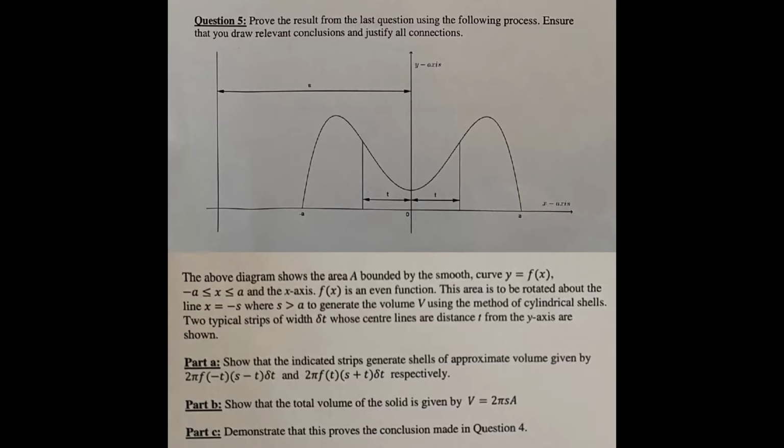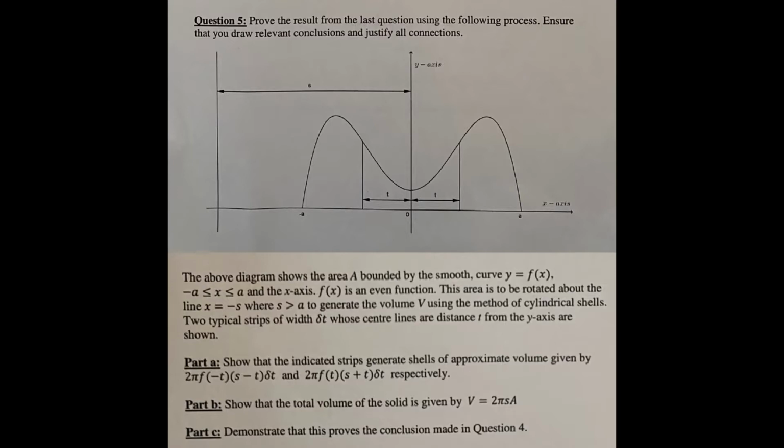So question 5 says to prove the result from the last question using the following process and ensure that you draw relevant conclusions and justify all connections. And so we're given this diagram, and then we're told the above diagram shows the area A bounded by the smooth curve y equals f(x) for x between negative a and a.